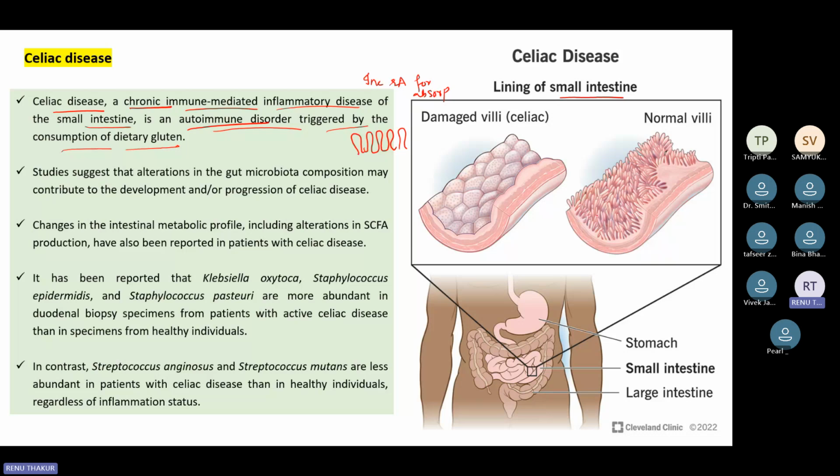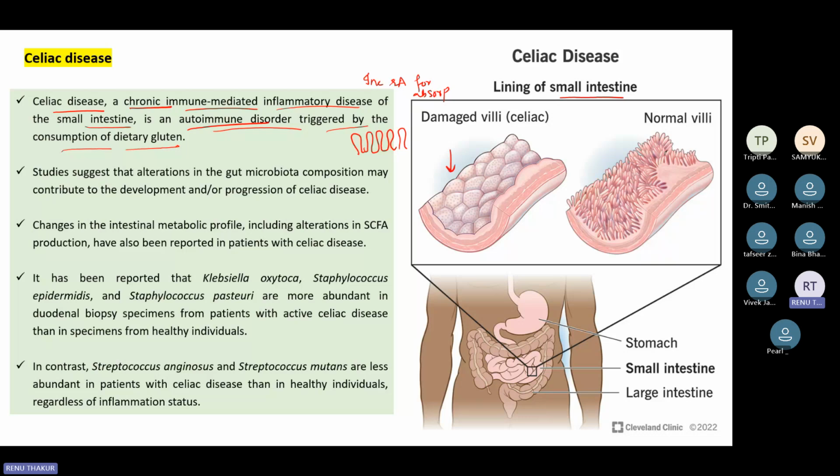So you can see this is the normal structure of the villi. On the right hand side you can see the finger like projections, and in this one you can see the diseased villi. If your villi are not functioning properly, you can see the altered morphology of the villi, or the anatomy of the villi. Both the morphology as well as anatomy change in celiac disease patients.